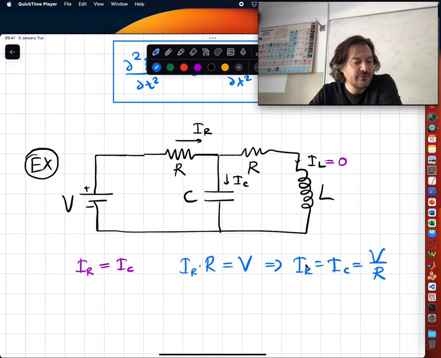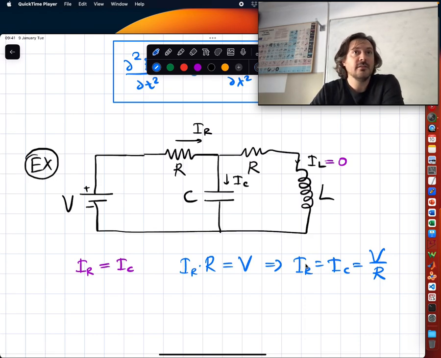Very simple question, which appeared in the final, I guess. Yes, 5 points. No, this is 12 points. Is this at t equals 0? It is at t equals 0. Very good point. Then the question is, find the charge on the capacitor in the limit t goes to infinity.